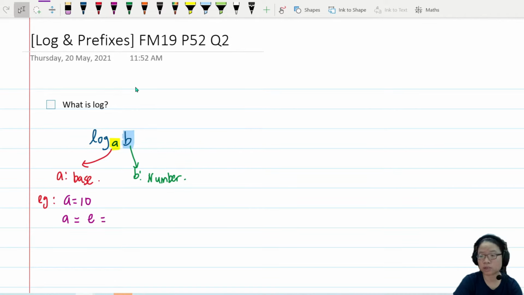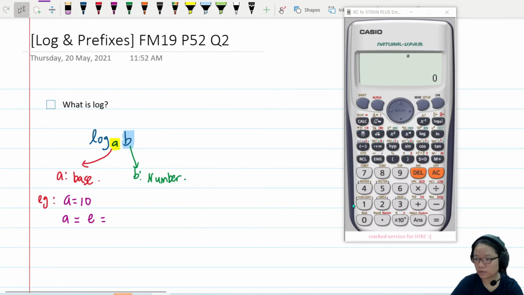If you press your calculator, which I will pull up right now, you see this red colored part, where e is. I'll press shift, exponent and alpha e, so you see this e here. This is one place to find your e, which is around 2.72.